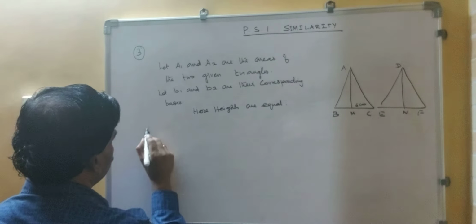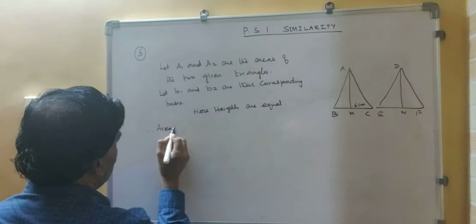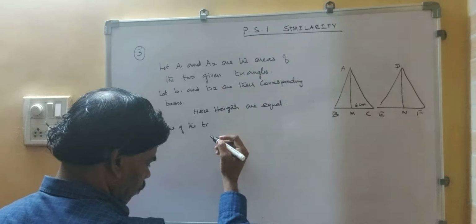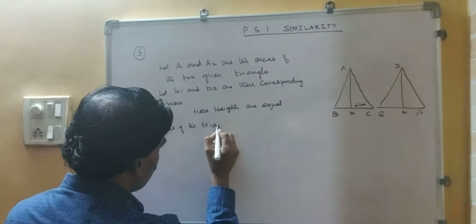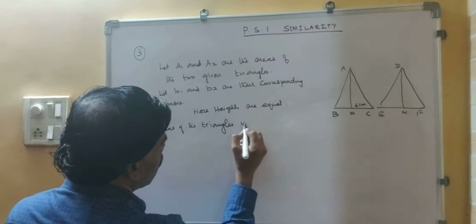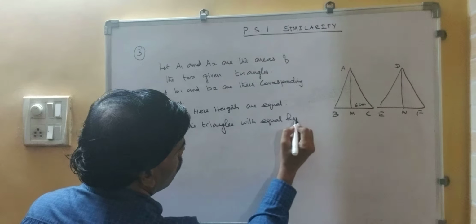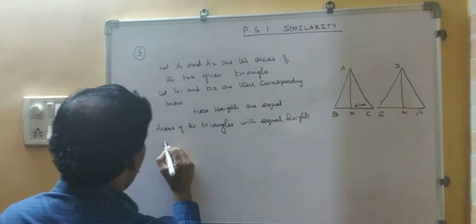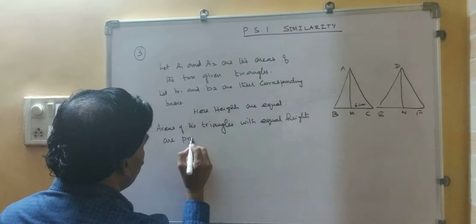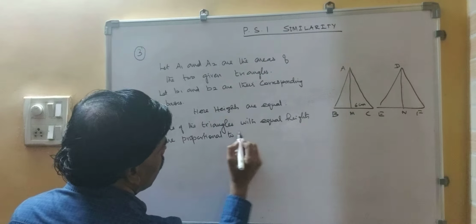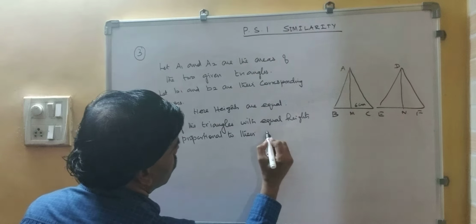Therefore, areas of the triangles with equal heights are proportional to their corresponding bases.